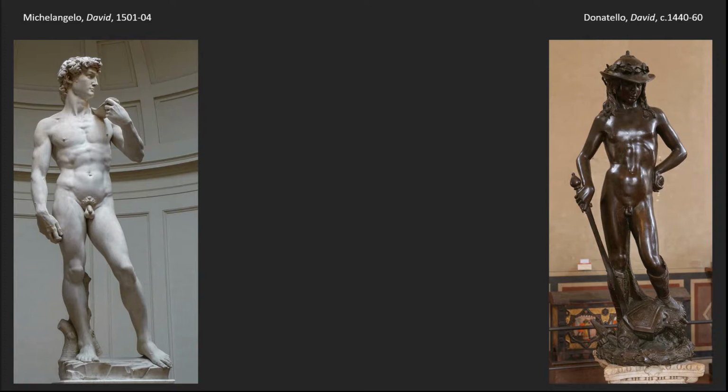That's the only anecdotal detail. That's the only thing that actually identifies him as David. Right? The head of Goliath helps identify Donatello's as David. But without the sling, Michelangelo's could be anybody. It's a universal figure. Except for the sling, right? And the rock in his hand.